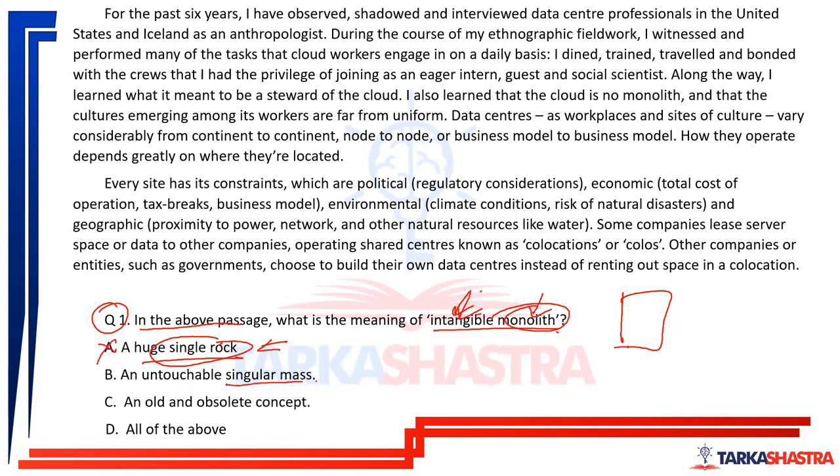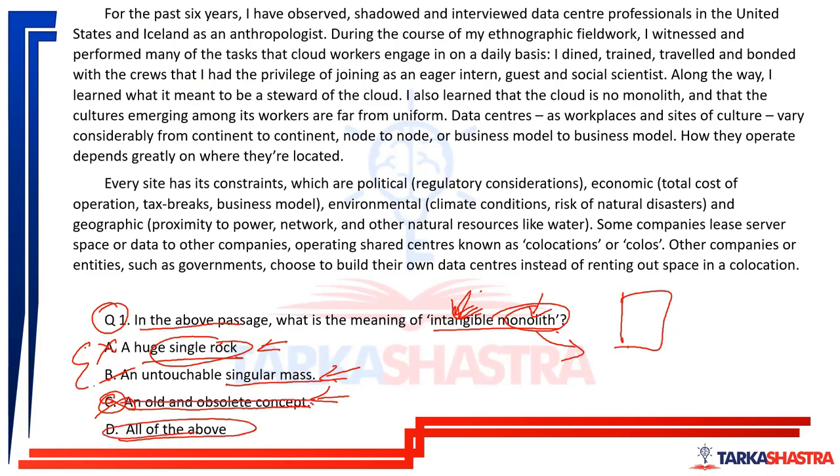An untouchable singular mass. Monolith is one single mass. Intangible is untouchable to some extent, yes, because we cannot touch it and feel it. So B seems to be a very good definition. Let's see C, an old and obsolete concept. Again, there is no indication of this. Now we may get confused between A and B, but C will allow us to understand that D cannot be the answer, because C is absolutely wrong.